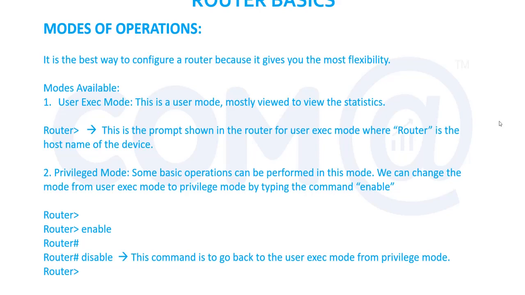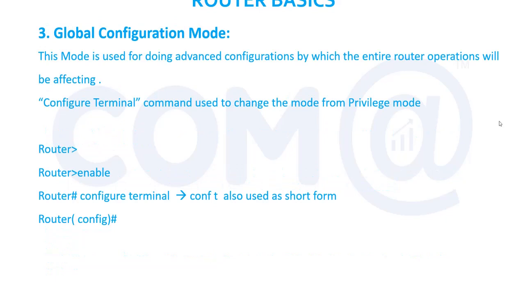If you want to come back in reverse, and you type exit from the enable option, you'll come out of the switch or router. In the case of a router, if I type only disable, I'll come back to user execute mode from the privilege mode.